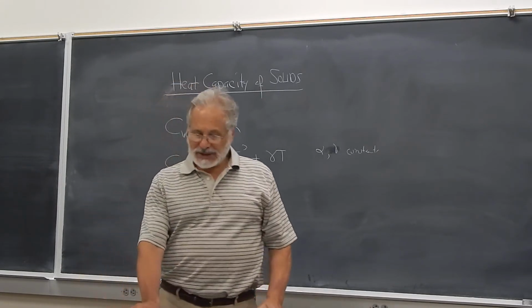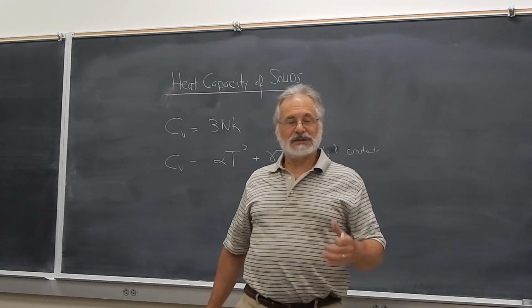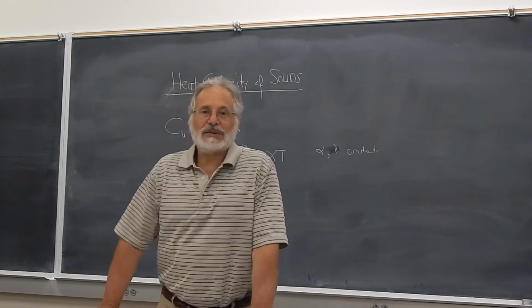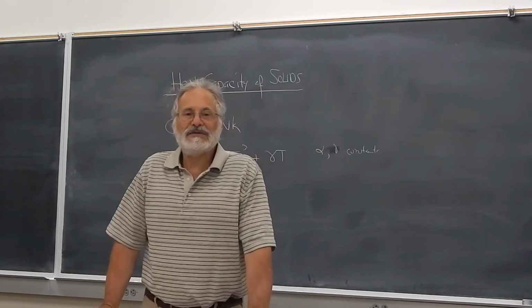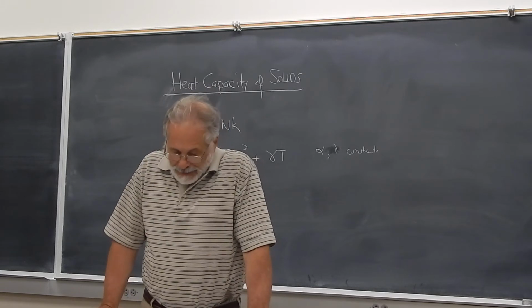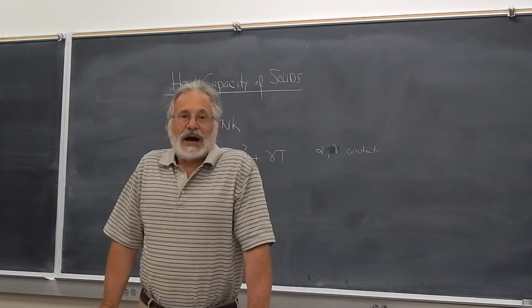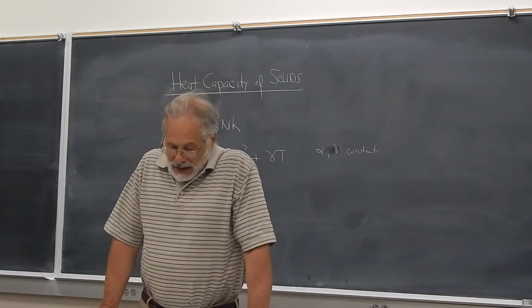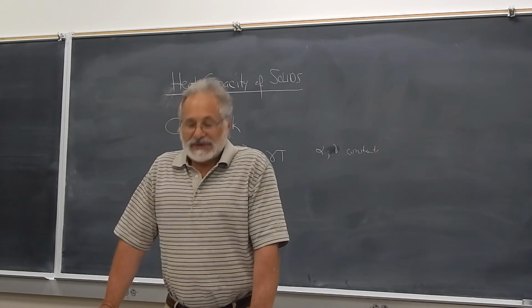So it was in 1907, this is after his big papers on special relativity, photoelectric effect, and Brownian motion. That was in 1905. But in 1907, in a paper, Einstein attempted to explain experimental measurements of heat capacities.